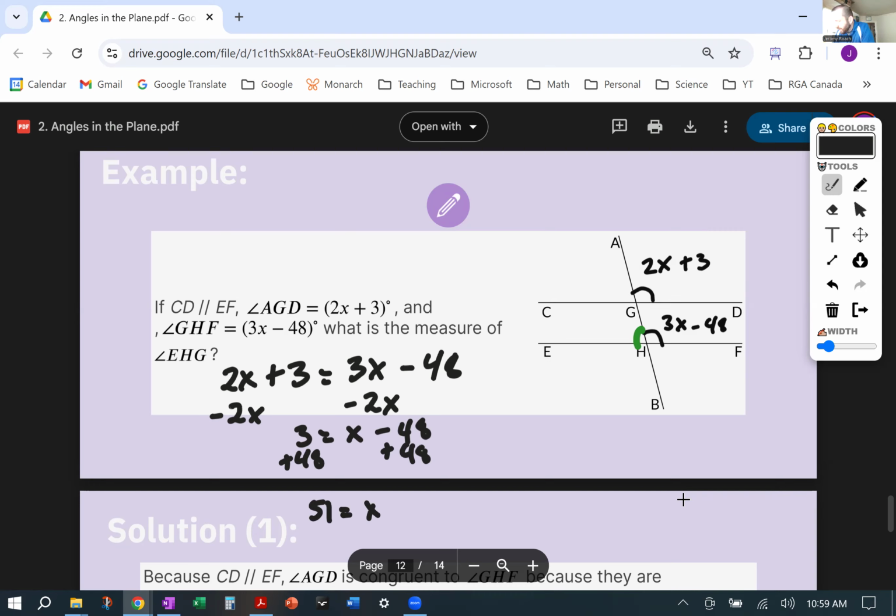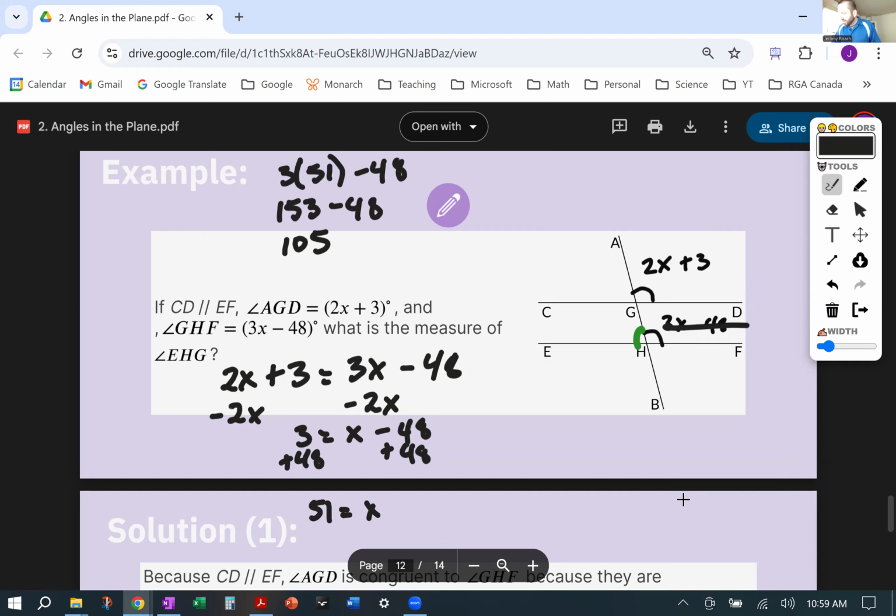That's the green angle. So let's figure out first what this black angle is next to the green angle. That's 3 times 51 minus 48. That's 153 minus 48. That gives us 105 degrees.